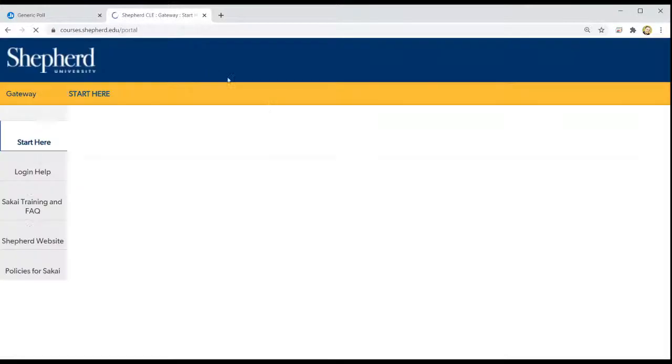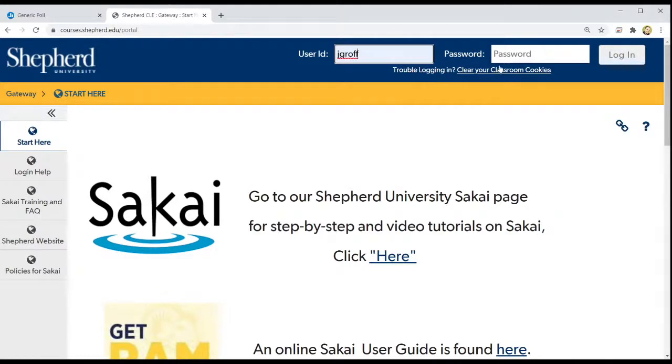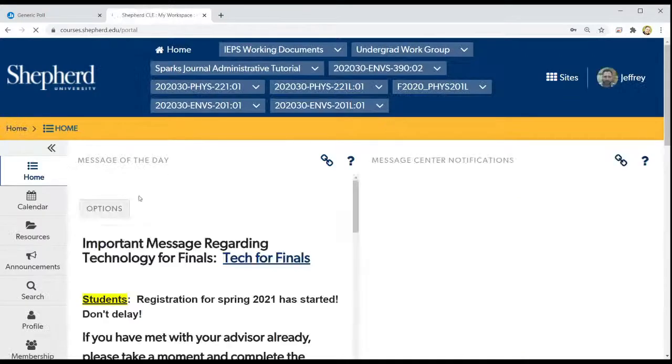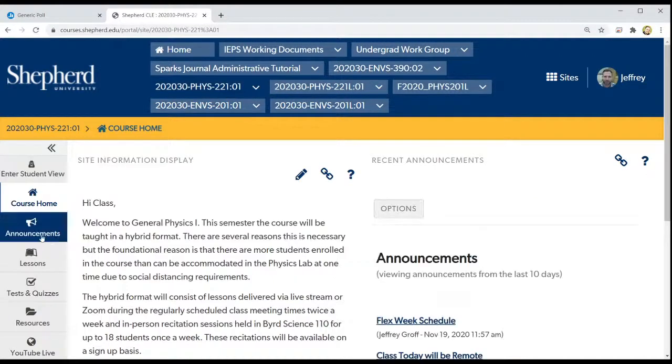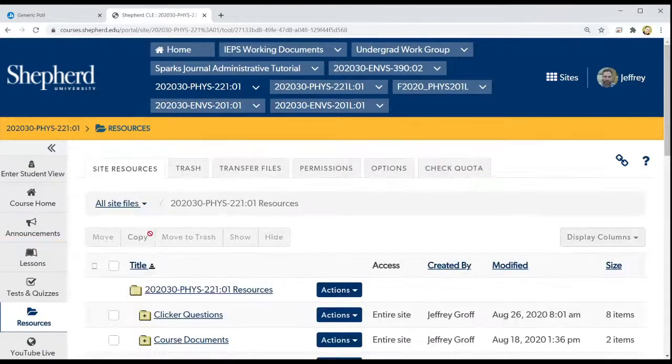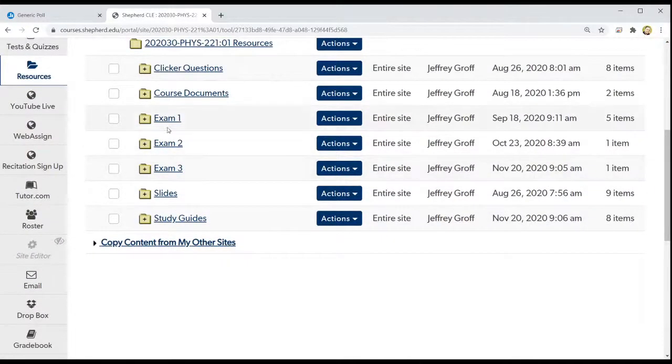If you go to Sakai and Resources, for preparing for the final exam, there's some new material which deals with rotational mechanics, the stuff we've been talking about for the last few weeks.